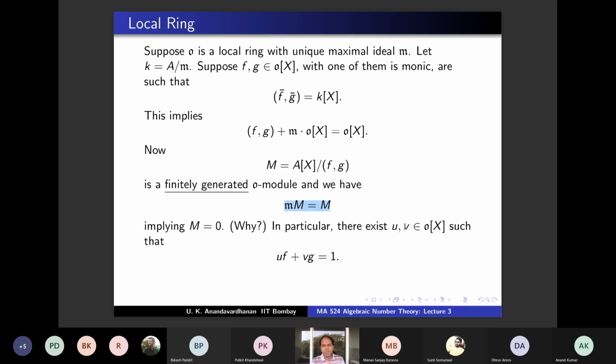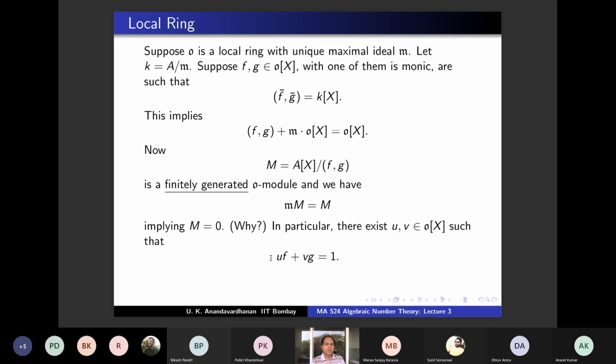Okay, you get this. At this stage you can say that one can be written as UF plus VG, but I'm going to say that you can also assume without loss of generality that degree of U is less than degree of G and degree of V is less than degree of F. From this, it's automatic. Why is that?